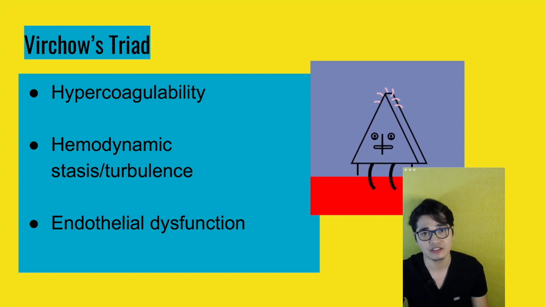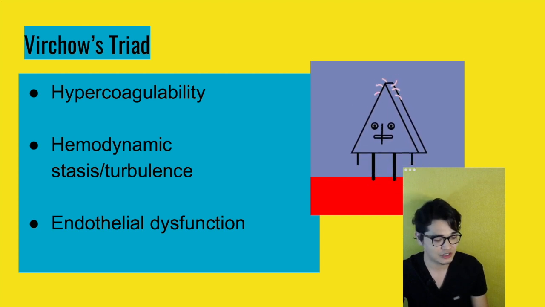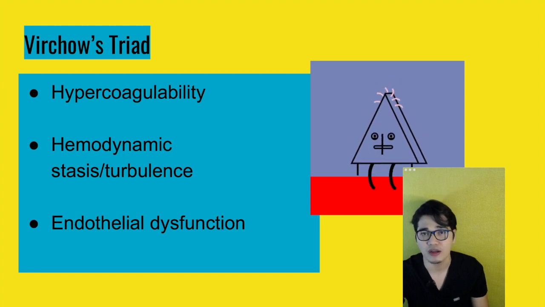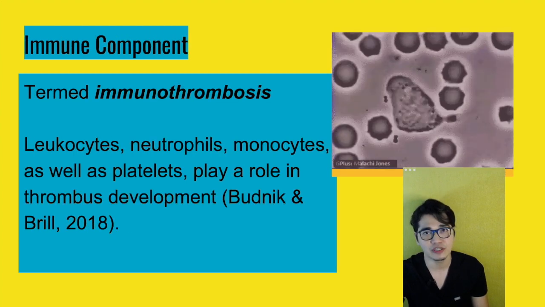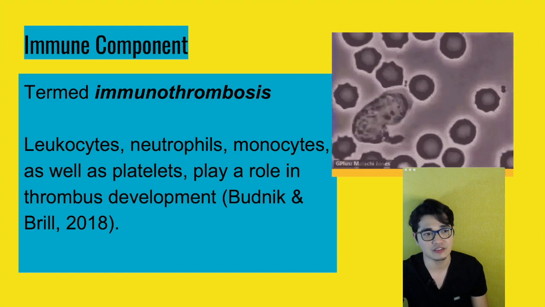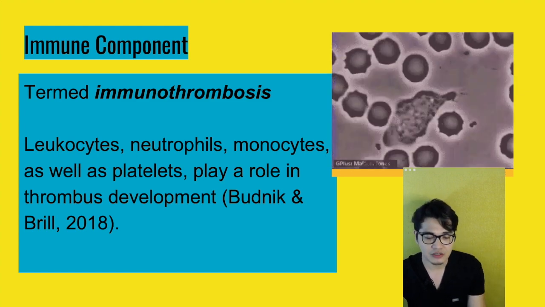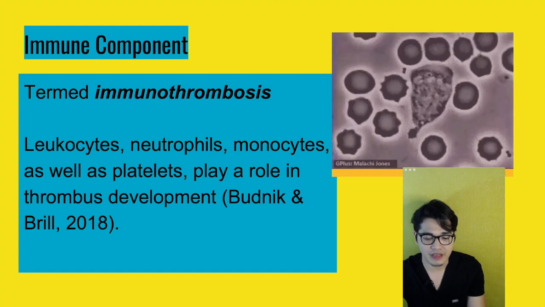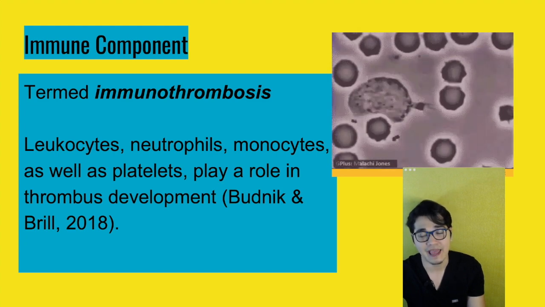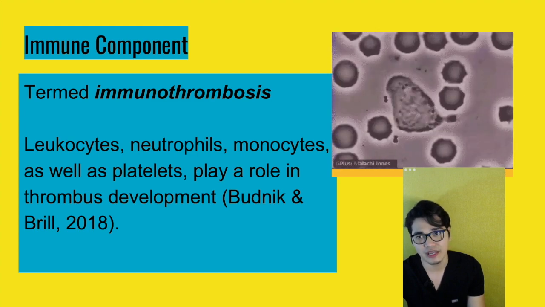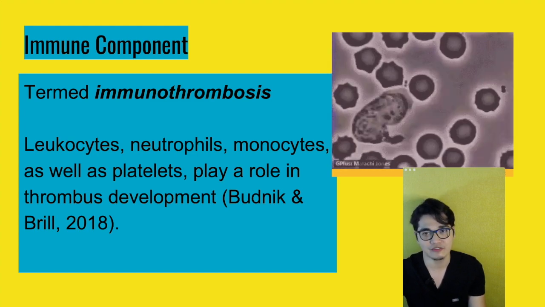The third factor is endothelial dysfunction, which could come from vessel injury, from trauma, or surgery. The immune component to thrombus formation is also called immunothrombosis. Here, clots form through mechanisms that involve platelet activation that lead to fibrin, clotting factor, and coagulation pathway activation.